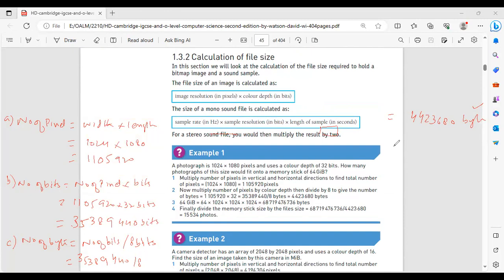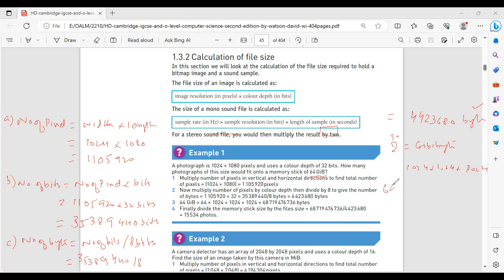If you multiply with 2 power 30, your answer will be in GB. So it means we have to multiply 1024 by 1024 three times. Then you would be in GB, and it is asking about 64 GB.